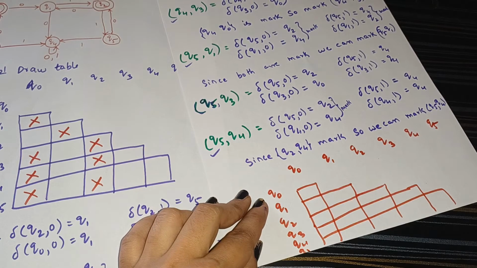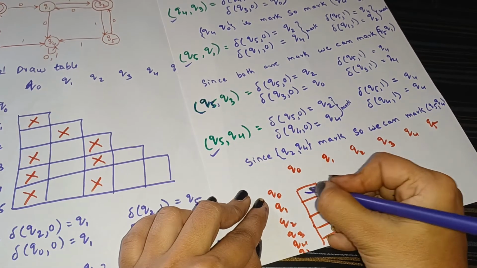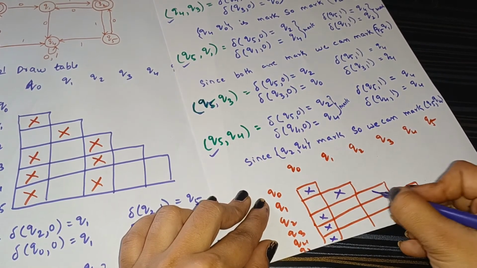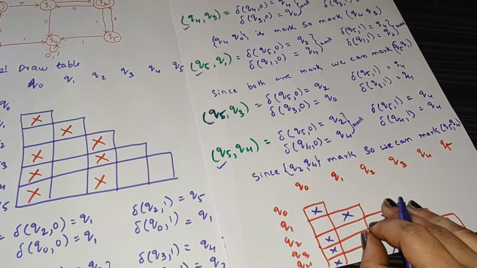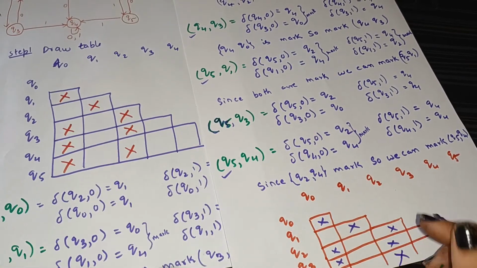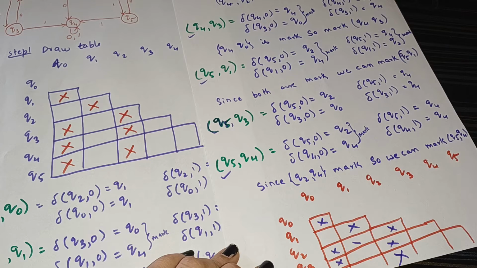First of all, these things were already marked. I am marking them as they are. After solving this, what values did we get? Q3, Q1 is marked. I will mark with a different color so you will get to know.